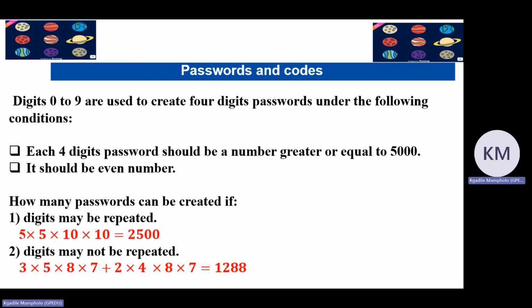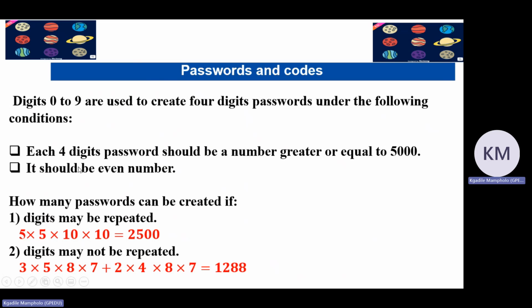It can only be greater than or equal to 5,000 if at the beginning we have a number from 5 to 9. Hence we have 5 here. Please don't think this 5 is this one. No, it's not this one. It's the numbers that can possibly be at the beginning, so that each 4-digit password is a number greater than or equal to 5,000.